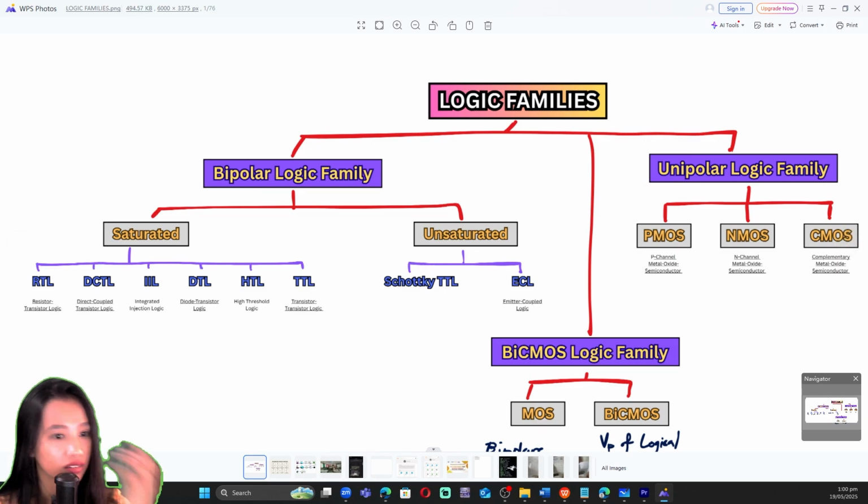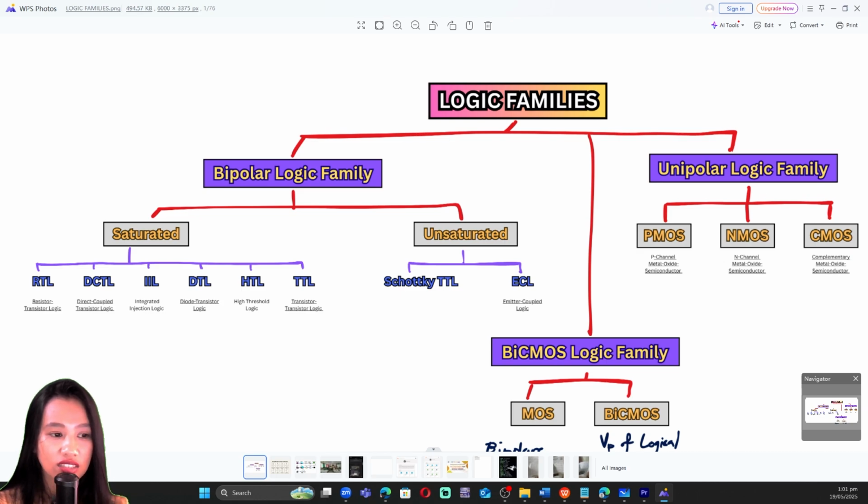Yung mga key characteristics nito, kasi nga yung bipolar transistors, they control yung current flow using two types of carriers. The first one is yung electrons natin, negative charges, and yung holes naman yung second. So positive, yung parang hindi naman siya positive charges, but yung the absence of the negative charge.